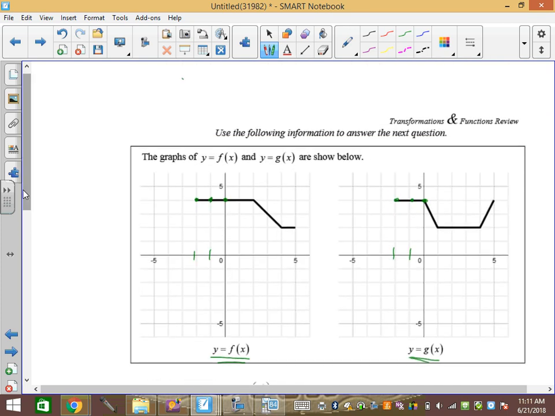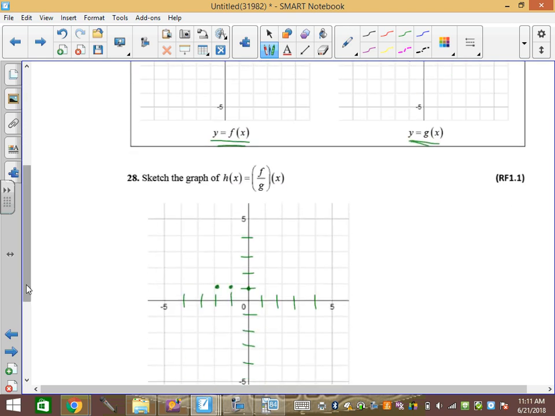Then I'm going to do 1. 4 divided by 2 is 2. So I'm at 1 and 2.